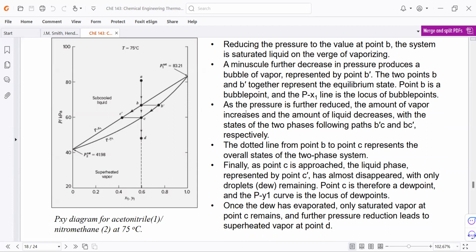So the amount of vapor increases and the amount of liquid decreases with the states of the two phases following the paths of B prime C and B C prime. Right.